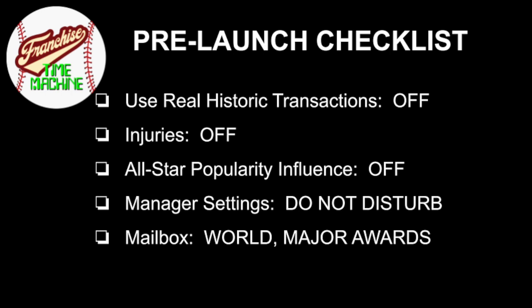Even if you're in 2023 and we're bringing in a 2019 Mike Trout or Shohei Ohtani, the game will interpret that as a new player and set their popularity to zero. And if they're at zero popularity, they won't get all-star consideration. If you turn off the influence of popularity in all-star voting, the all-star voting and selection will be purely based on performance, which is what we want.